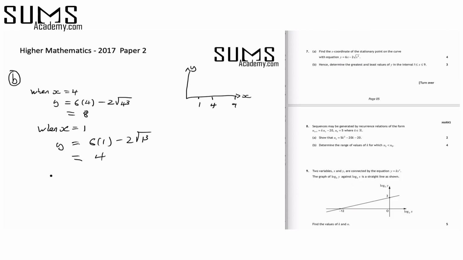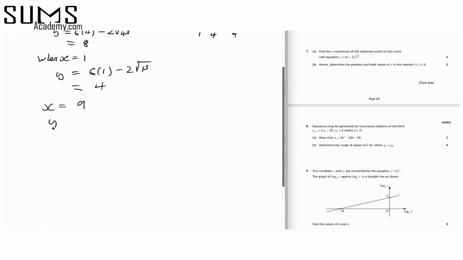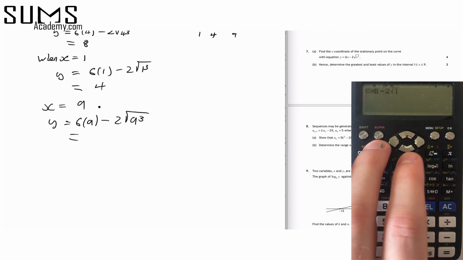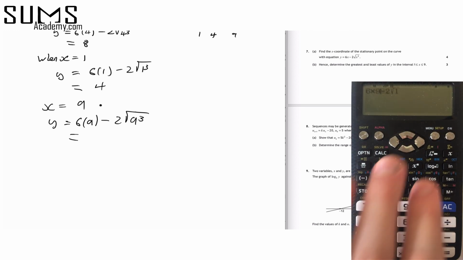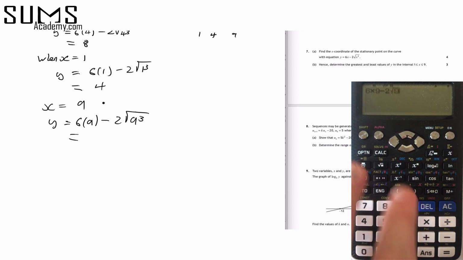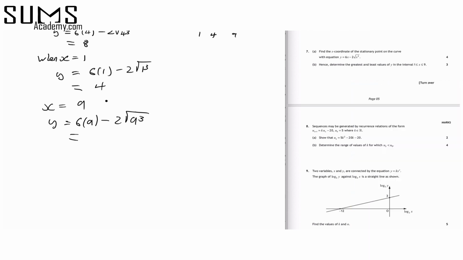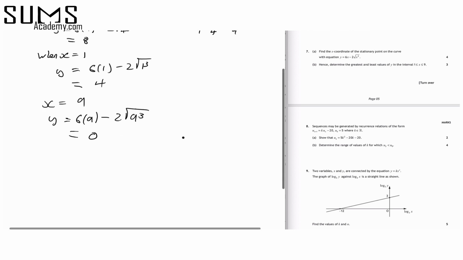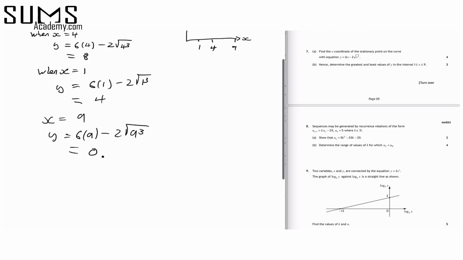And then when x equals 9, y equals 6 times 9 minus 2 root 9 cubed. So typing that in, 9 to the power of 3 over 2 equals 0. Okay, so we've got 8, 4, and 0.